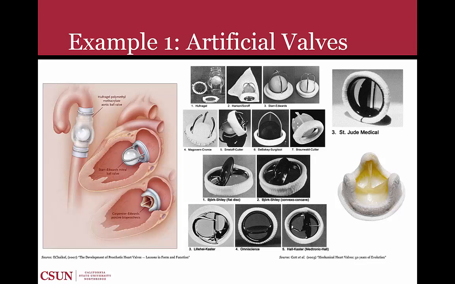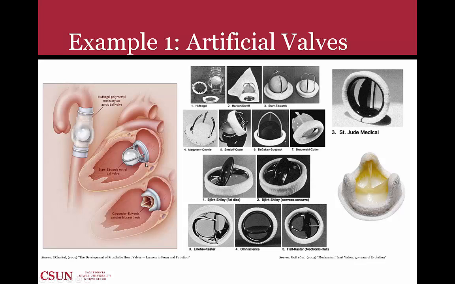So one of the first devices made for the heart are artificial valves. And on the left here, you'll see an image of how valves have essentially developed over the years. Here are some actual images of them, and then here's an example of what they look like now. So let me go over a few of them.